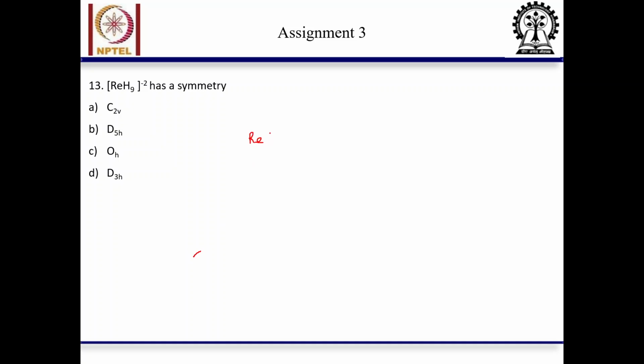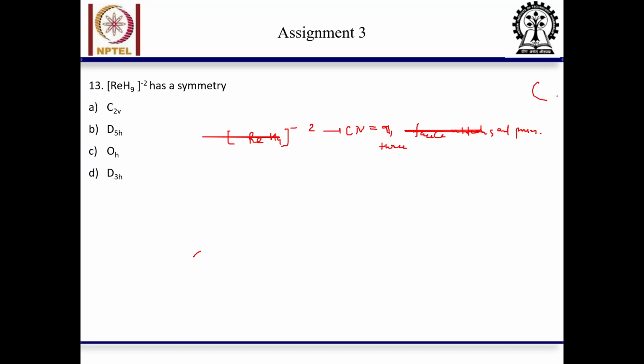So in ReH9 2-, the coordination number is 9 and the geometry is three-phase centered trigonal prism.